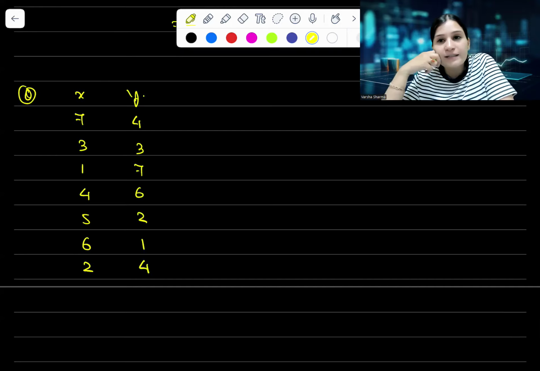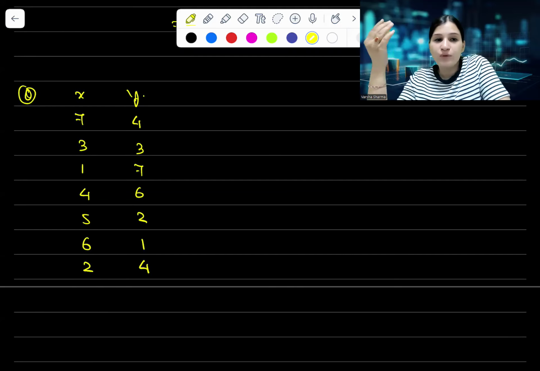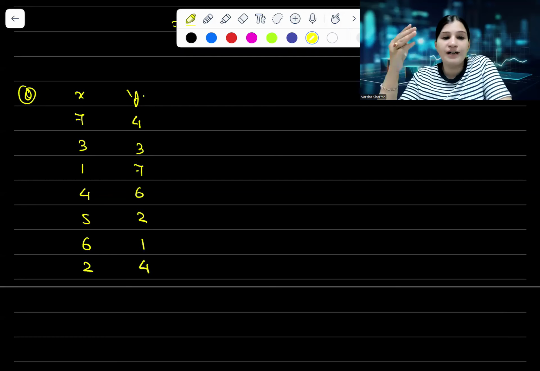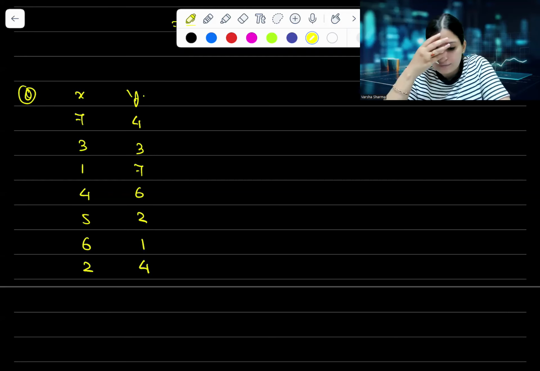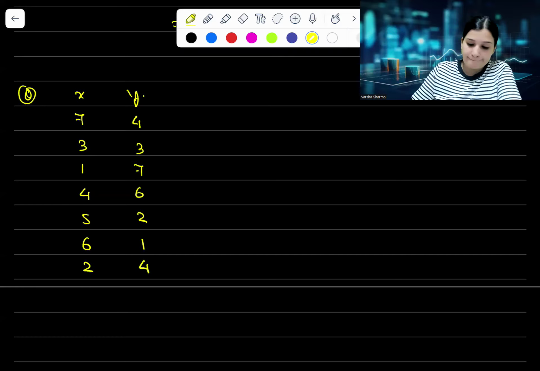If you can see, it is already in serial order, 1 2 3 4 5 6 7. Yes or no? The data are all consecutive, no? Someone is 1, someone is 2, then 3, 4, 5, 6, 7. Yes, ma'am. That means they have given you the rank. You don't need to find the rank. These are the ranks, so you can directly start with the difference. Understood? Yes, ma'am.